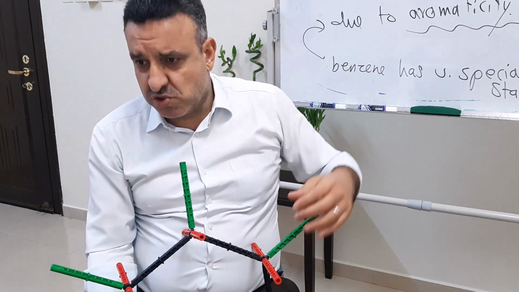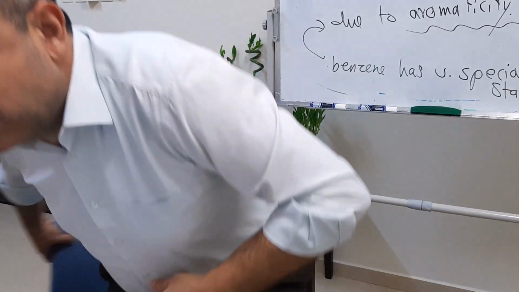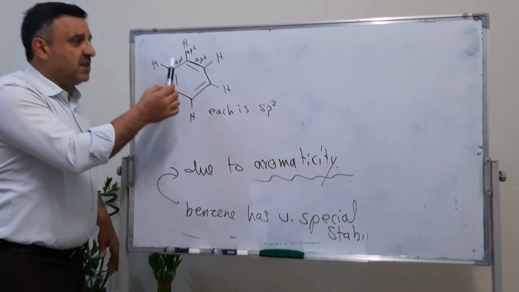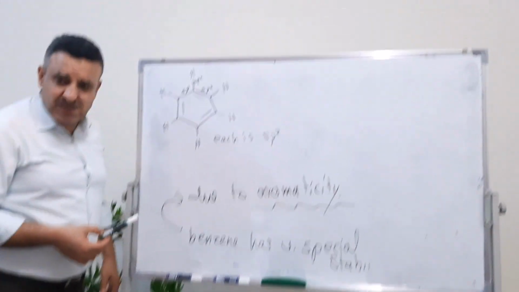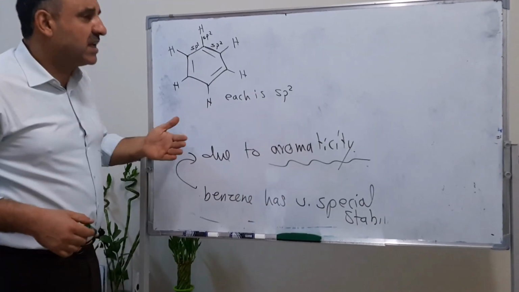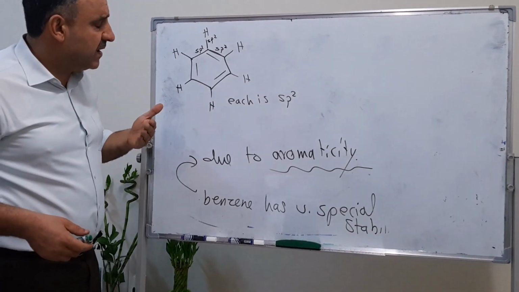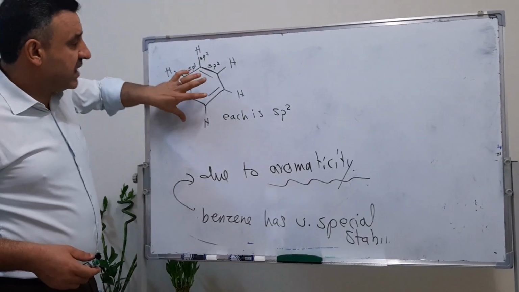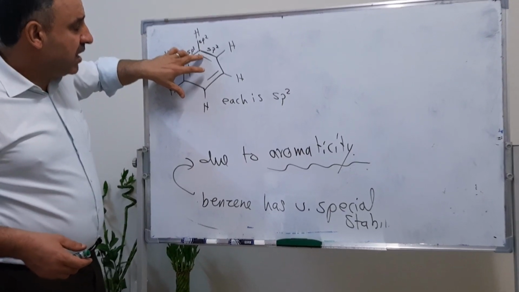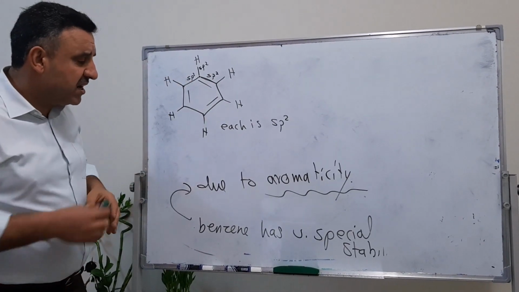Just to emphasize this: in principle, the benzene system includes 3 double bonds, right? And we did study the reactions of alkenes, because you may assume this is like alkene behavior, which is totally not.